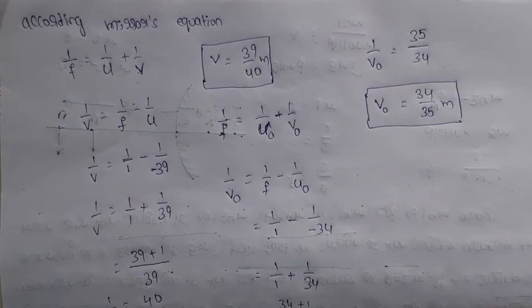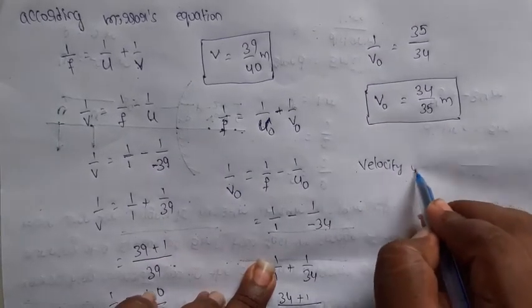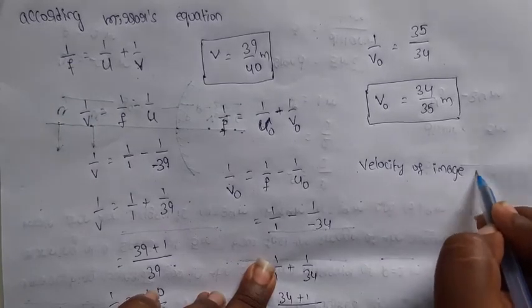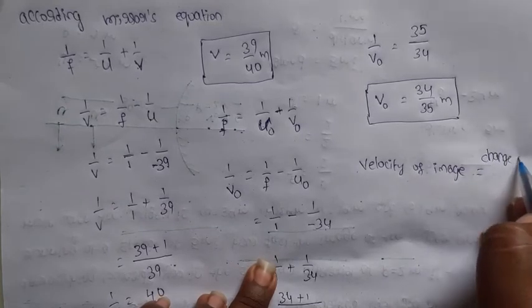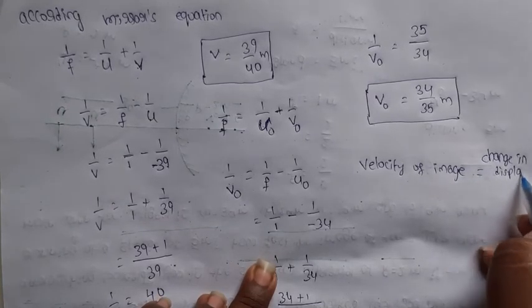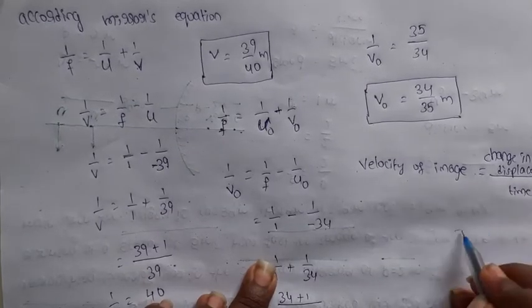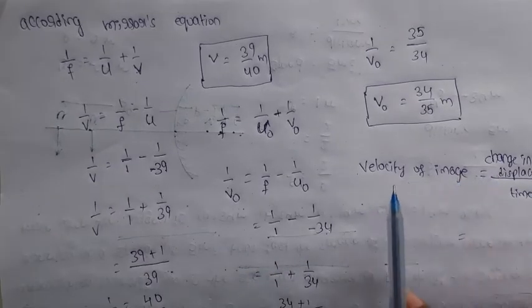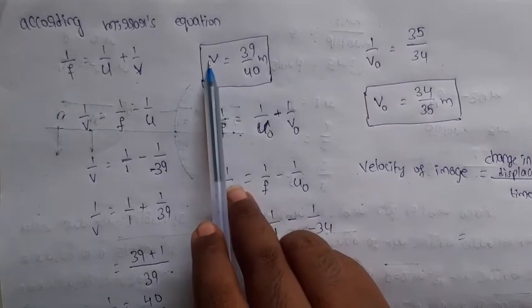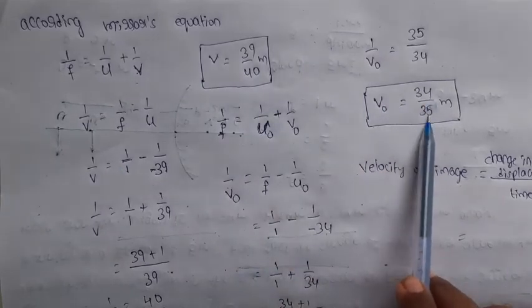Now find the velocity of the image. So what is the formula of velocity? Change in displacement by time. Change in displacement means change in image distance. So image is formed at v equal to 39 by 40 meter and 34 by 35 meter.